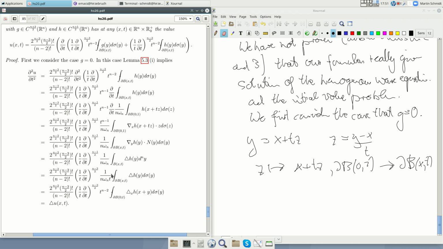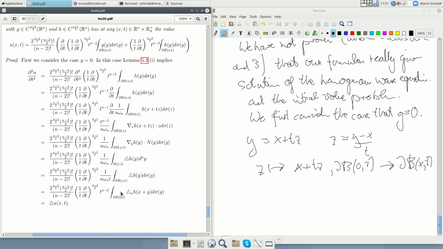And what we do now, we translate it, and rewrite it as a derivative with respect to x. Yeah, if we rewrite it in this form, then here it's derivative with respect to y.